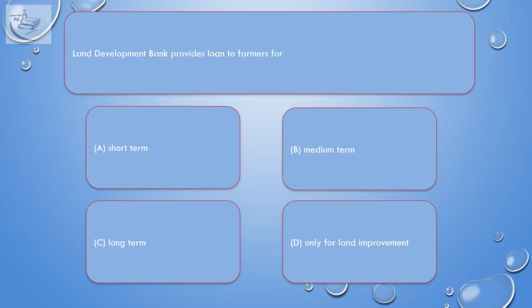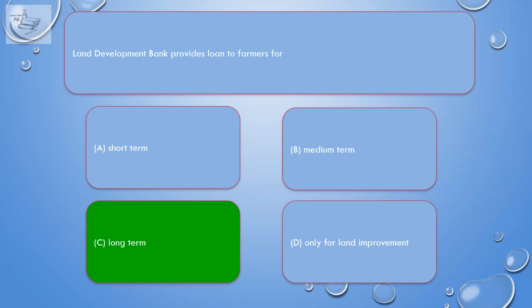Question: Land Development Bank provides loan to farmers for A. Short term. B. Medium term. C. Long term. D. Only for land improvement. Correct answer is C. Long term.